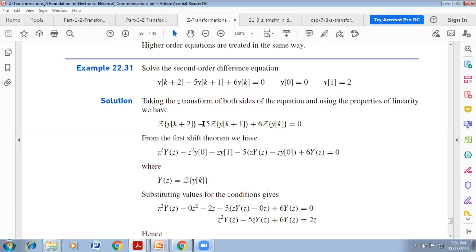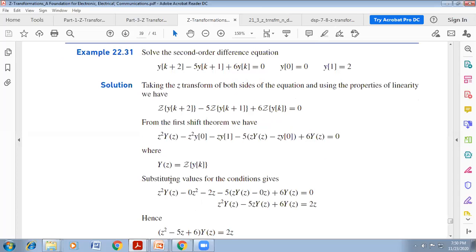Minus 5, the y(k+1) can be written as z into Y(z) minus z into y0, plus 6 Y(z), where Y(z) equals the Z transformation of yk.